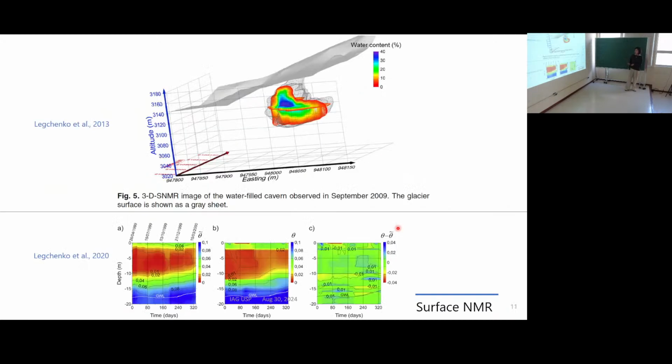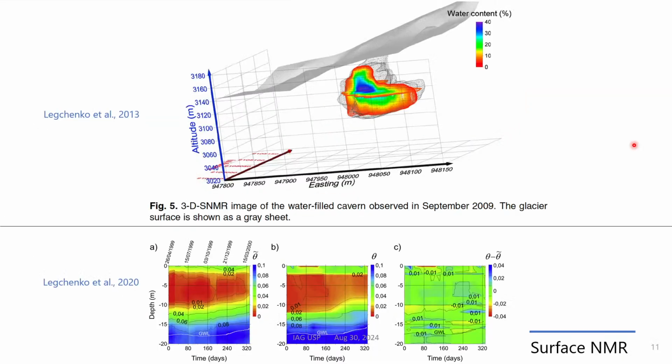And there's another surface NMR application. I intentionally chose the surface NMR application because I know you've done some surface NMR, but whether the data can be very helpful is still in question; I just use this example to explain. This is Antoine Lukashenko's work back in 2019 and 2020. In this work, they did this surface NMR on top of Mont Blanc. It's a very nice place, and they looked at the water content in this cave in the glacier surface.